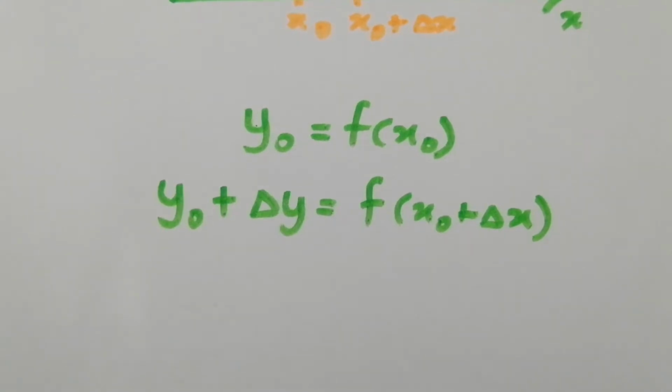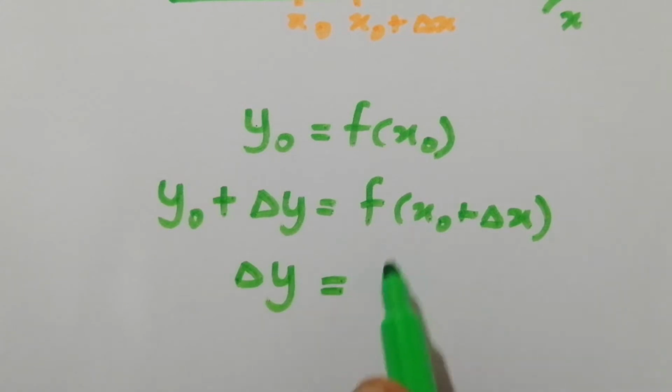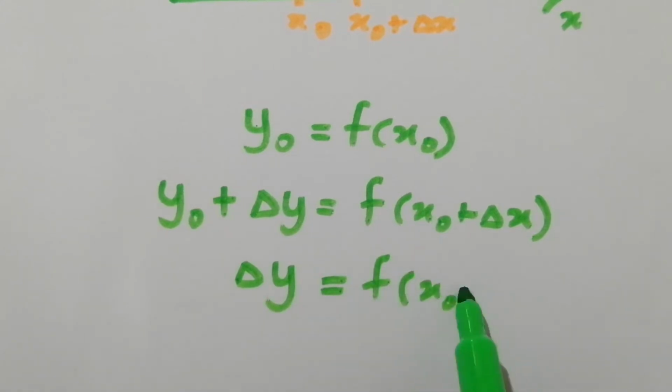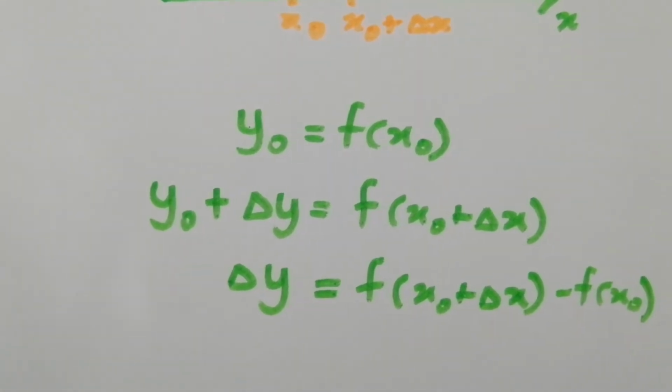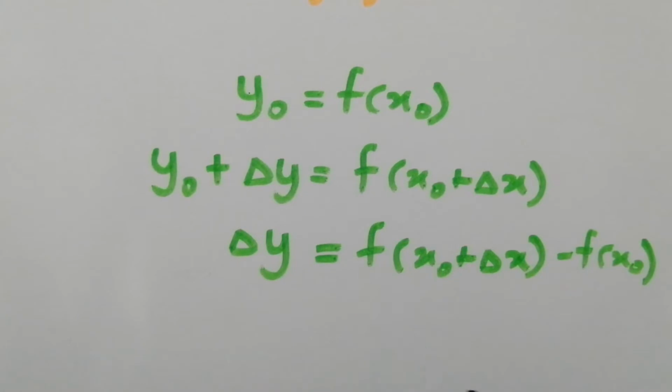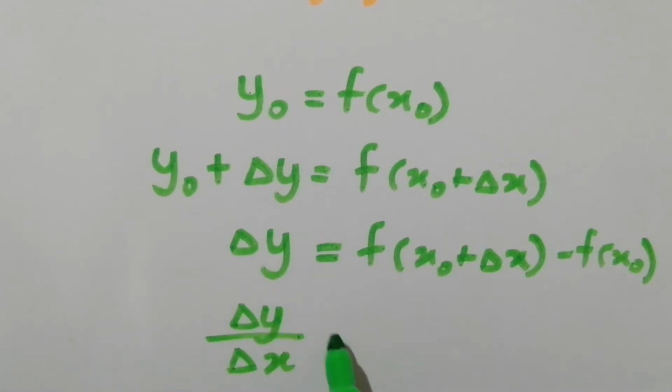Now I am getting the increment value delta y is equal to f(x0 plus delta x) minus f(x0), the difference of these two functions. Now I am getting the ratio of delta y and delta x.